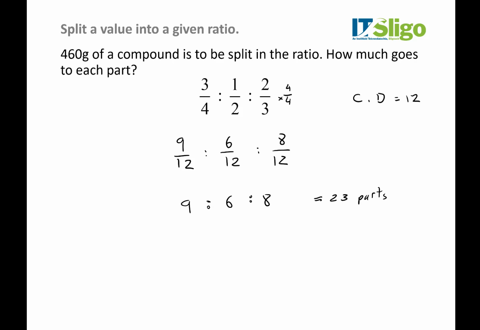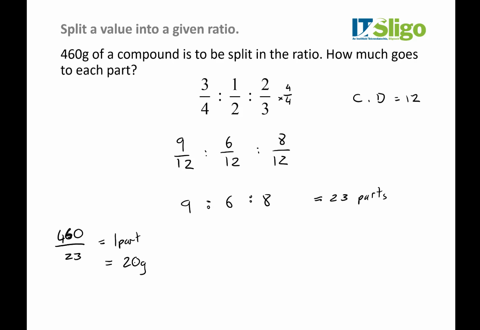We're told there's 460 grams. So divided by 23, 1 part is equal to 20 grams.